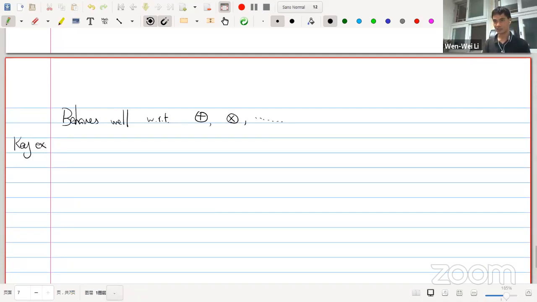So the key example here is about the bar resolution. I mentioned the bar resolution, so here let's write down the explicit description. The bar resolution is a resolution that looks like this, with a minus here because it's homology.